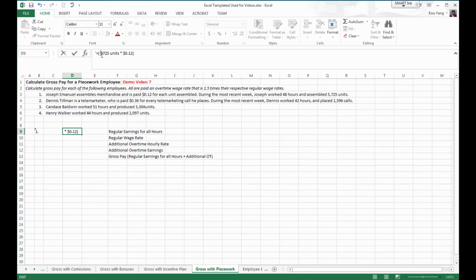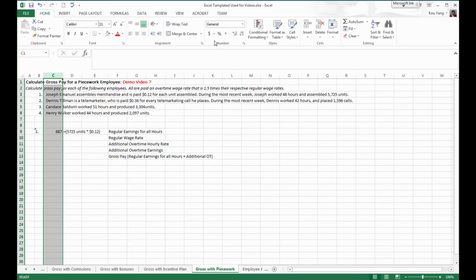I'm going to calculate that here. With that calculated, Joseph's regular earnings is $687. I'm basically taking the piece rate times the number of output. That's the first step.